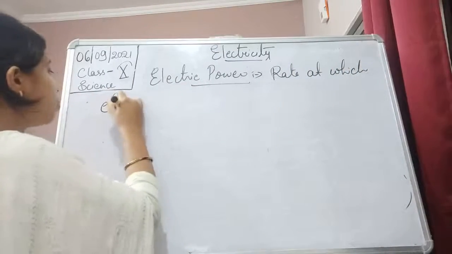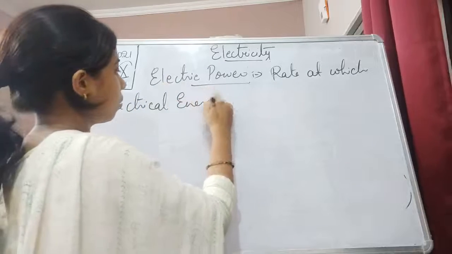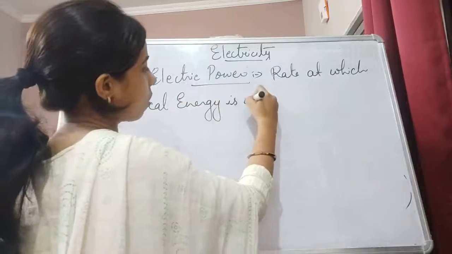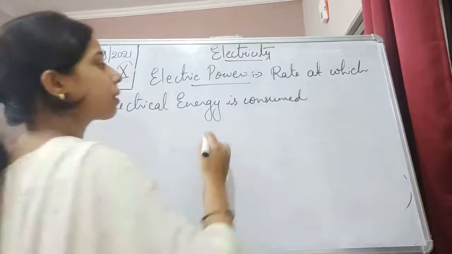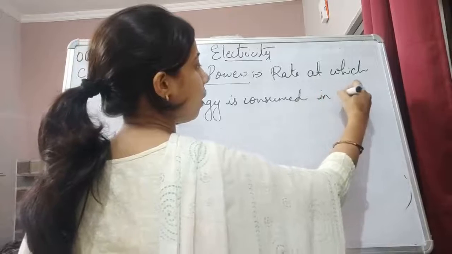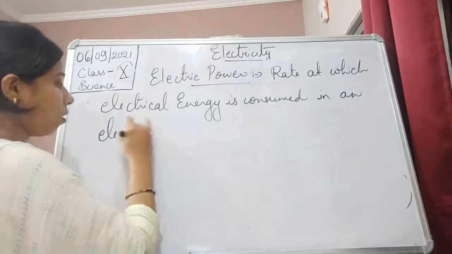Rate at which electrical energy is consumed in an electric circuit.